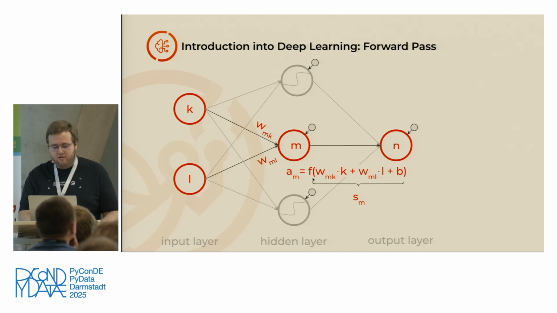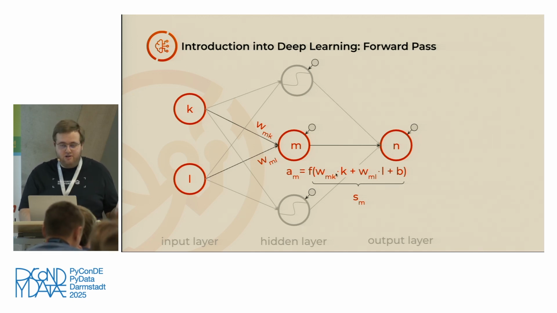At this point, we obtain the pre-activation of M, denoted as SM. And as I mentioned, a neuron can be in two states, pre-activated and activated. Therefore, in order to obtain the activation, we simply apply some nonlinear function on pre-activation.